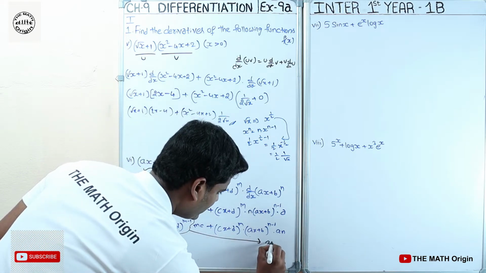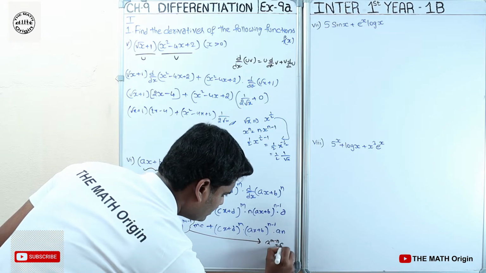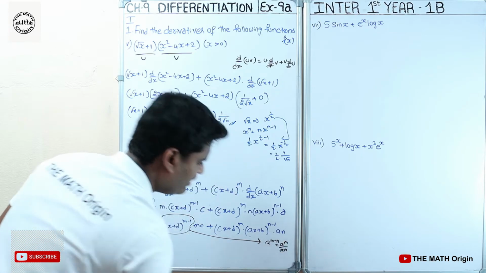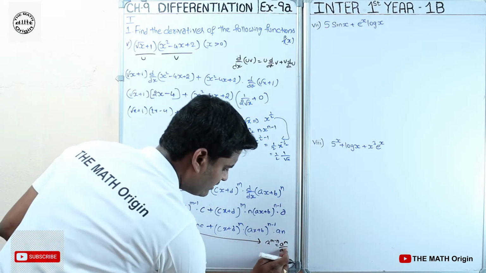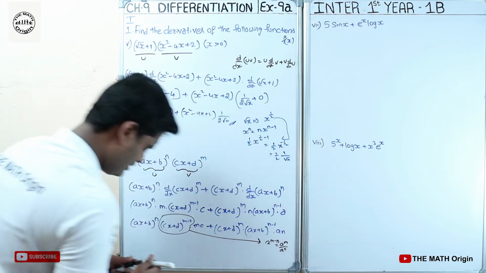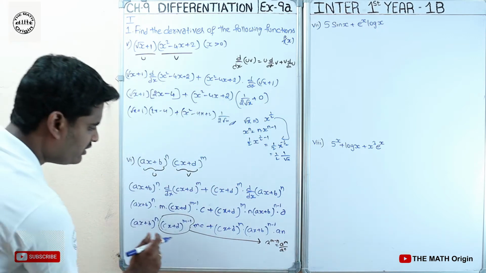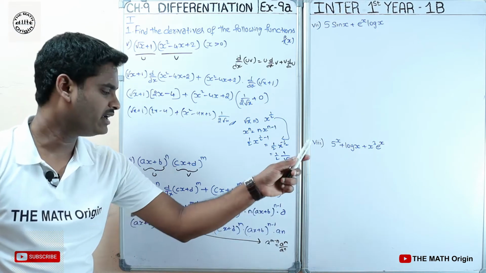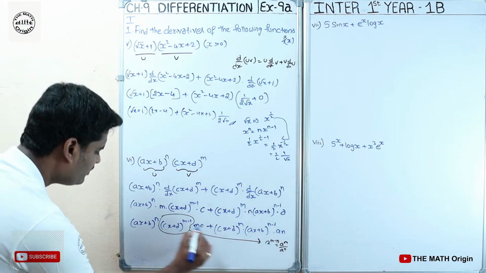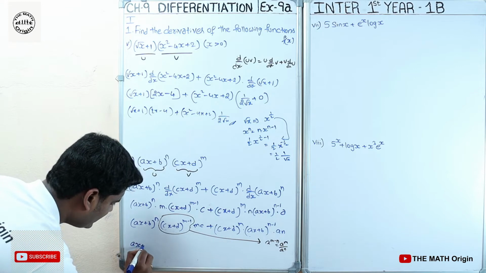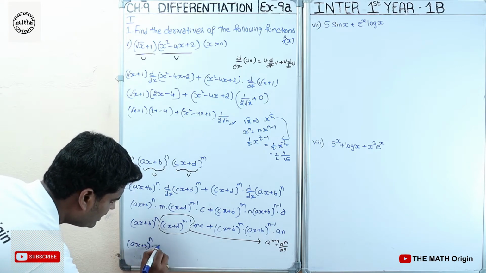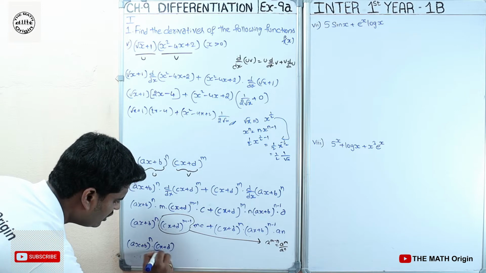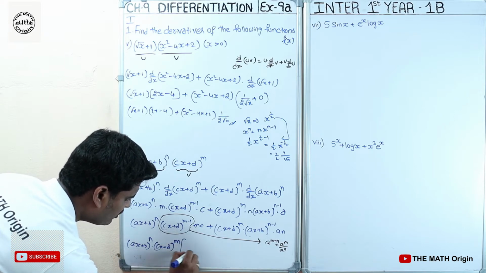This is in the form of a power m minus n, which is equal to a power m by a power n. So according to that, here also (ax + b) whole power n minus 1 will be (ax + b) whole power n by (ax + b). So from both of them, I will take (ax + b) whole power n into (cx + d) whole power m common.